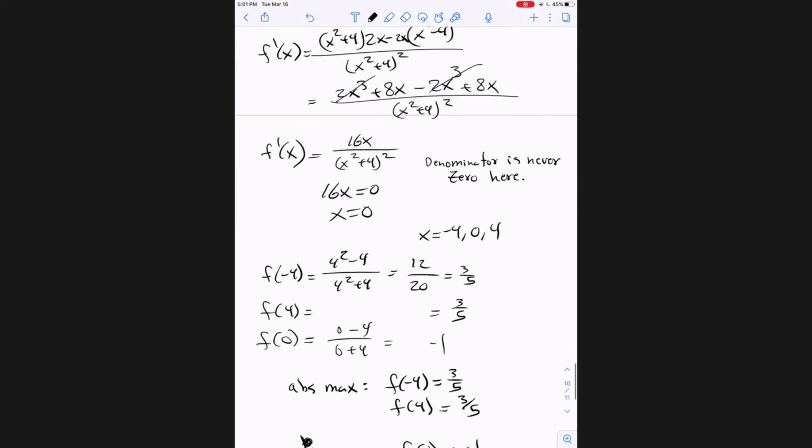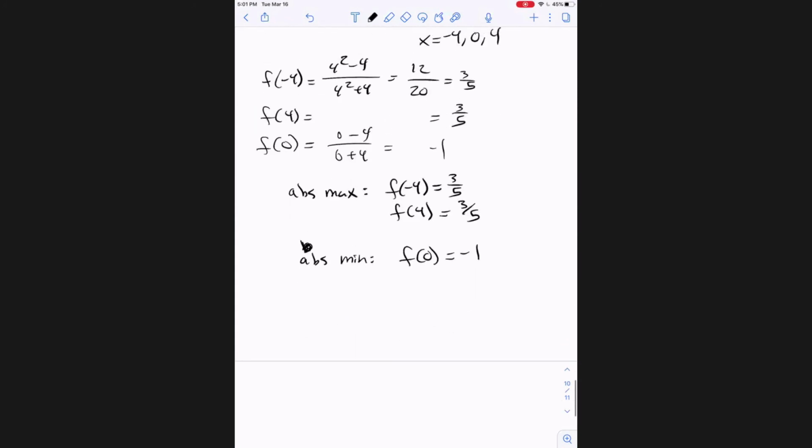Assuming the graph of this, the original function, by the way, which was x squared minus 4 over x squared plus 4. I'm going to go ahead and tell you how the graph looks like. I think I got enough info. So the max is at -4 and 4. So if that's at 3/5, the min is here.